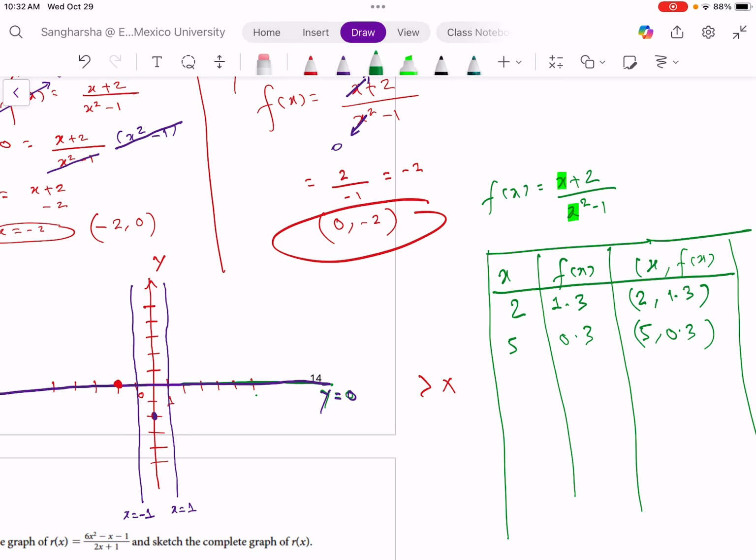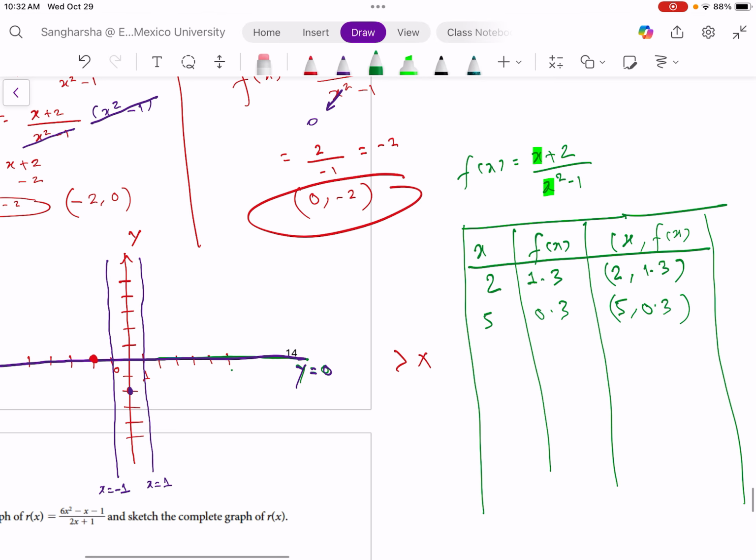Now let's take some point to the left of x equals 1. Let's take 0.5. When our x is 0.5, we have 0.5 plus 2, 2.5, divided by 0.5 squared minus 1. 0.5 squared is 0.25, minus 1 is negative 0.75.